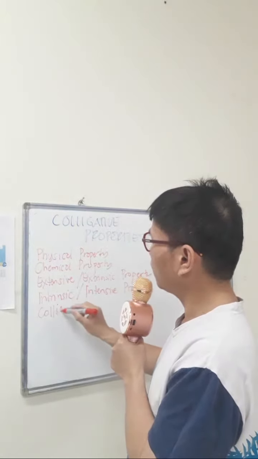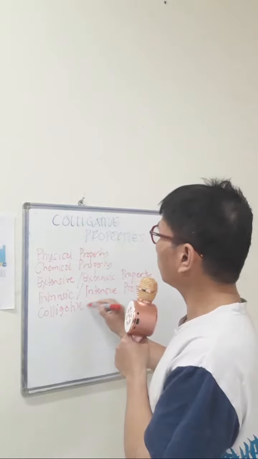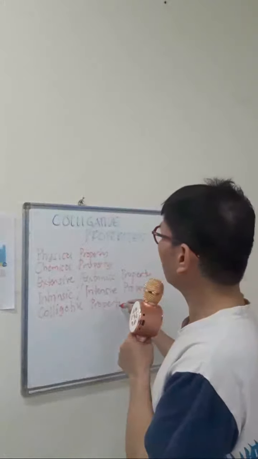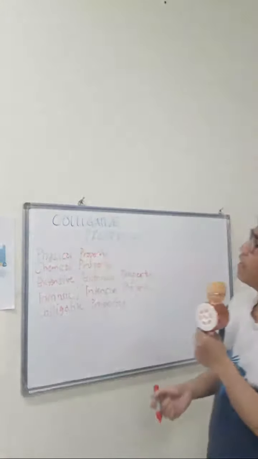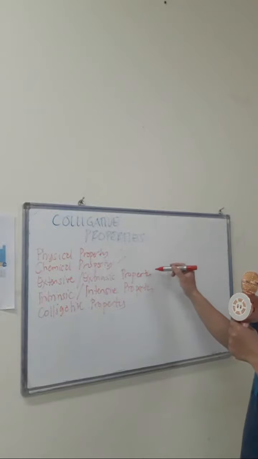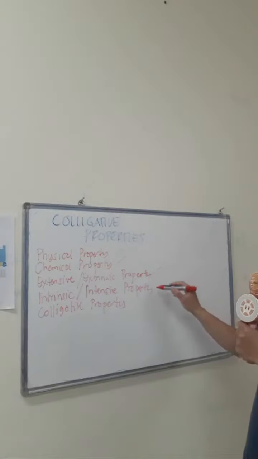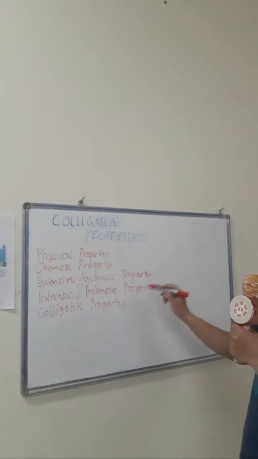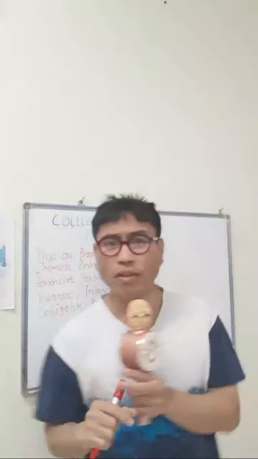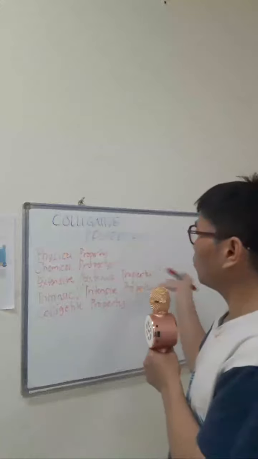So we need to define physical property, chemical property, extensive and extrinsic property, intrinsic property and intensive property, and colligative property. So what else? So that's all for now.